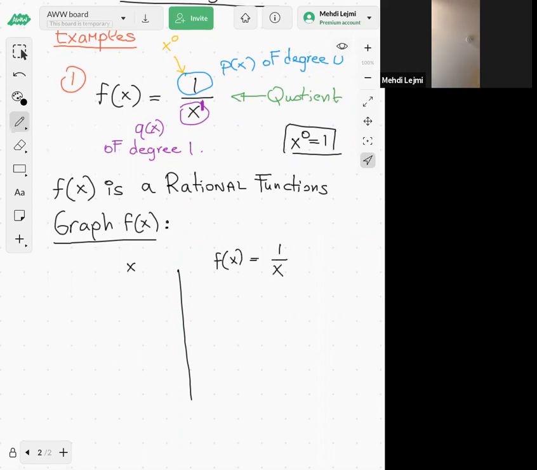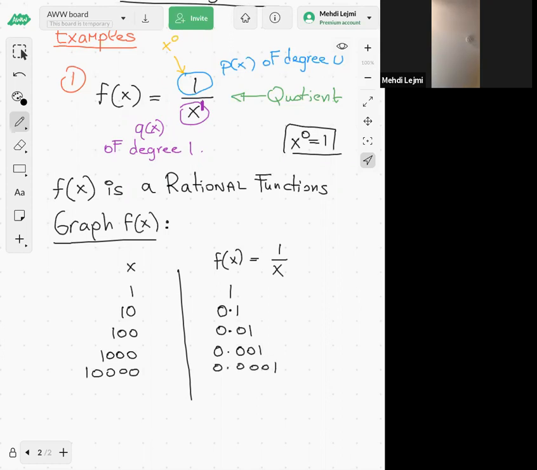If x equals 1, 1 over 1 is 1. If x is 10, 1 over 10 is 0.1. If x is 100, that's 0.01. If x is 1000, that's 0.001. If x is 10,000, this is 0.0001.